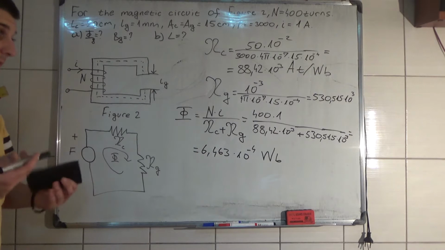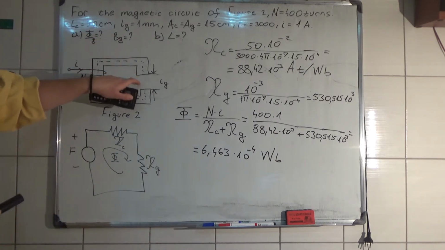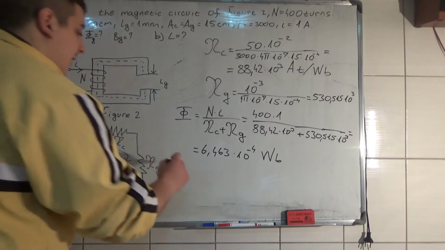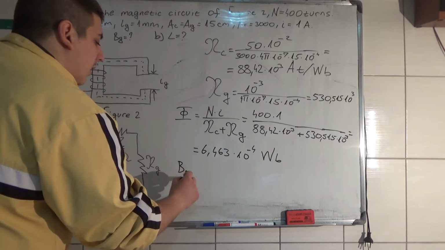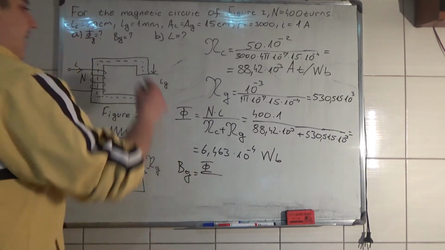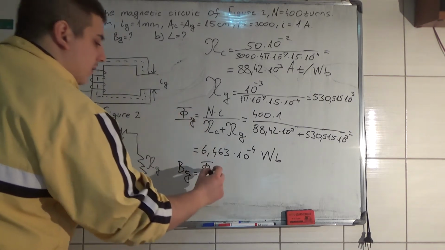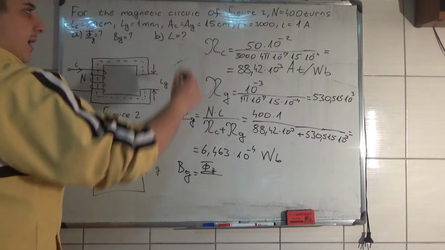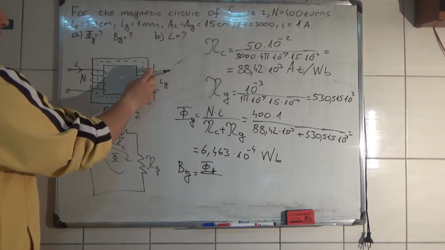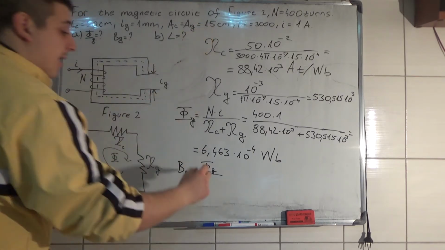Now it is easy to calculate the magnetic flux density in the air gap, and that is equal to the flux divided by the area of the magnetic core, which is also the same as the area of the air gap.